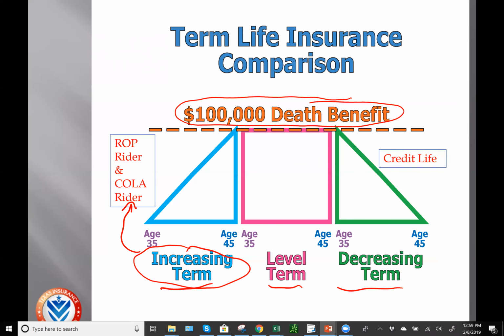A COLA rider is just a cost of living adjustment rider, which means it's going to keep pace with inflation, so they would use increasing term insurance on that one also. Decreasing term, the only time you're ever going to pick decreasing term is if somebody's gone to a bank to get a loan and they have a credit life policy.